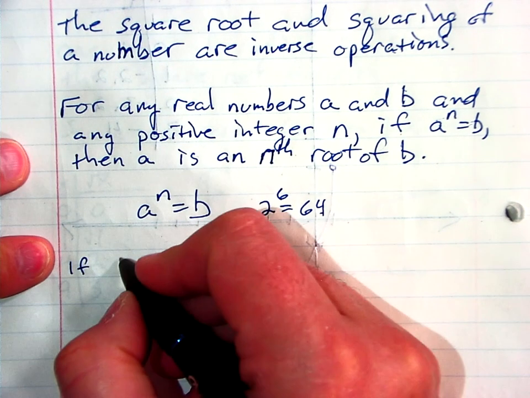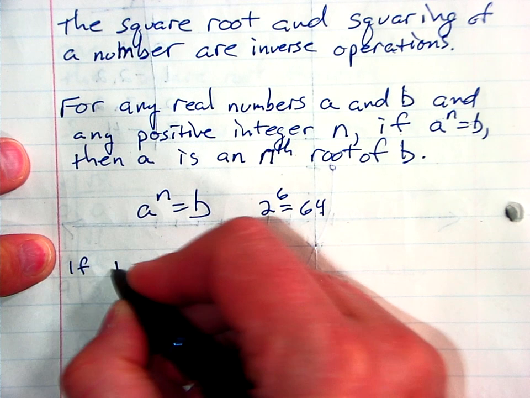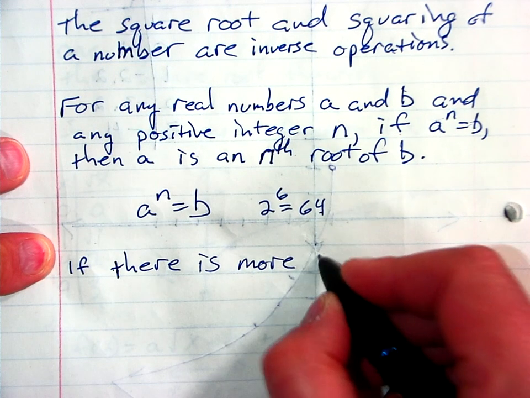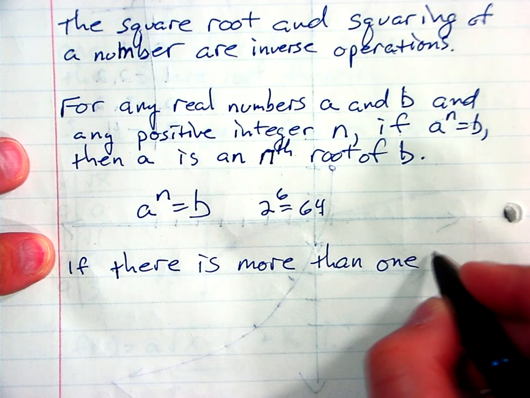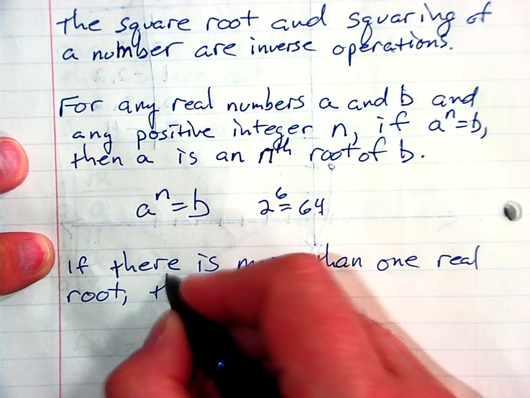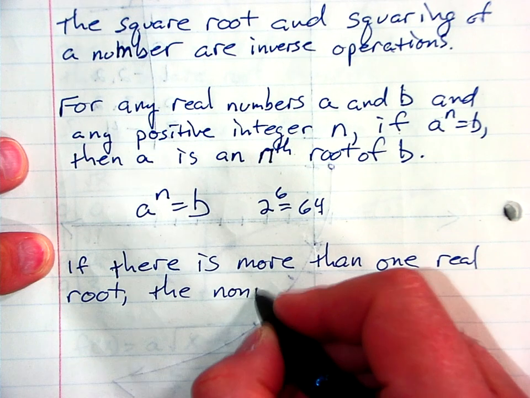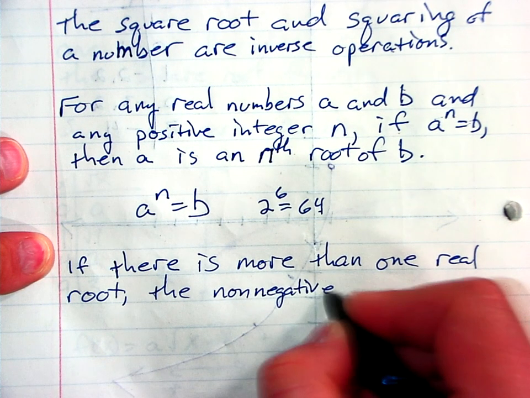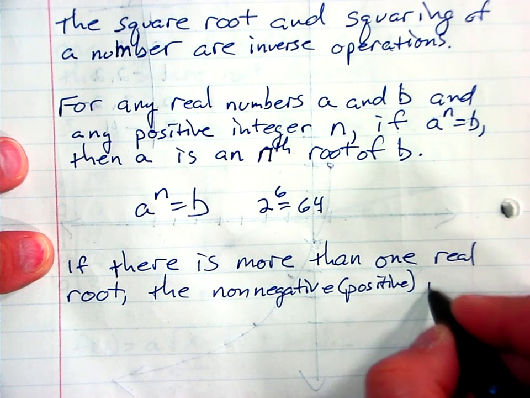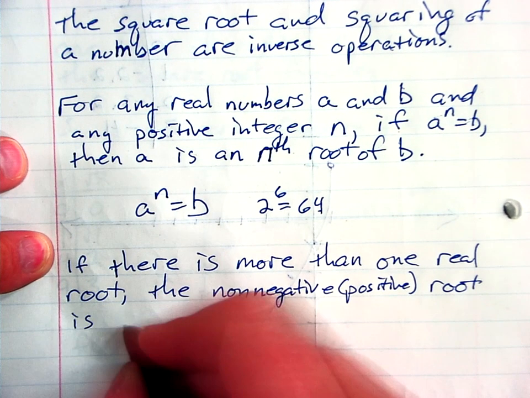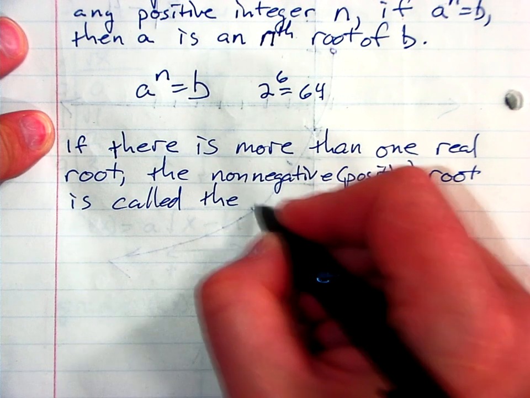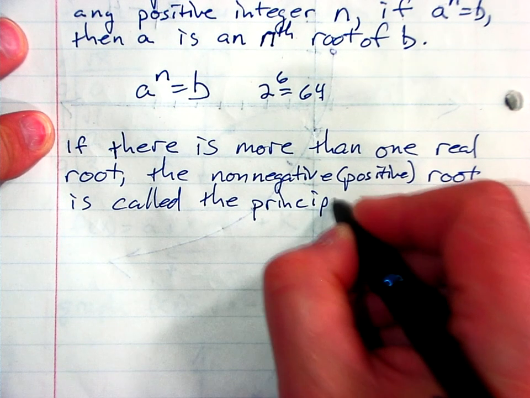We're not there yet. If there is more than one real root, the non-negative, also known as, I'm going to put in parentheses, positive root is called the principal root.